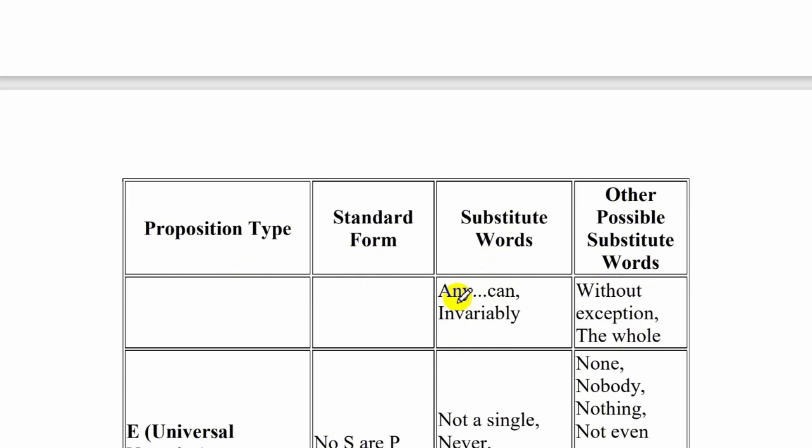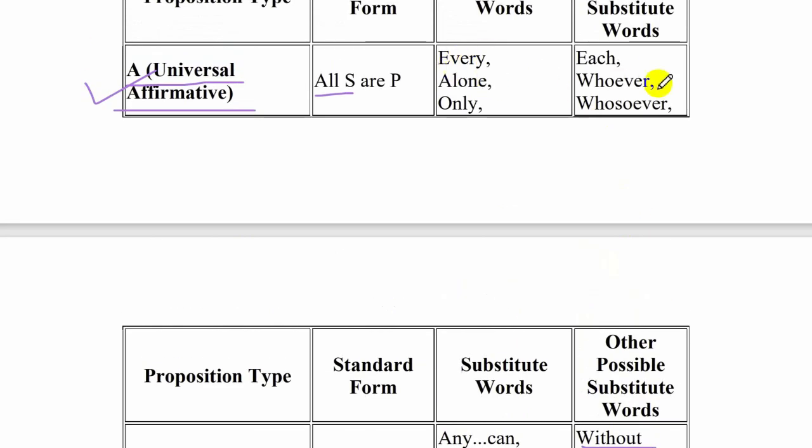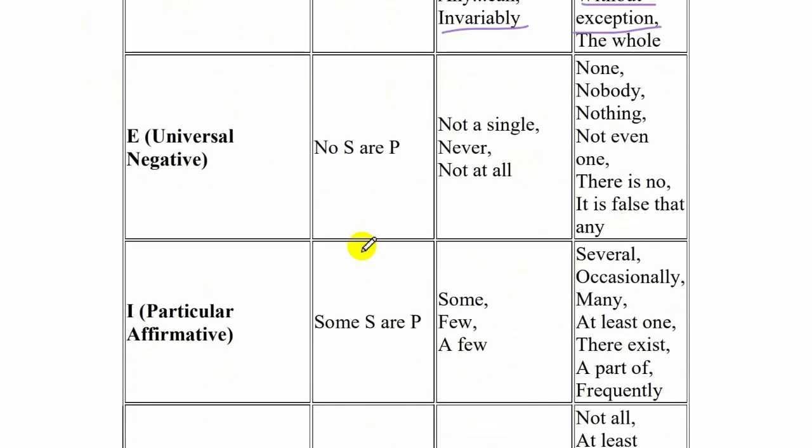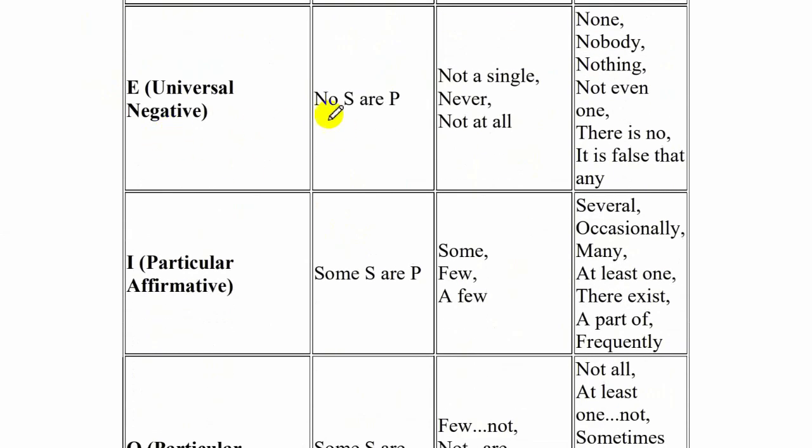Only means everyone, all. Any can means anybody can, means everybody can. Invariably also comes; invariably means all. Without any exceptions means everyone. The whole means everyone, all. So all these statements represent the word all, which is A type proposition, universal affirmative.